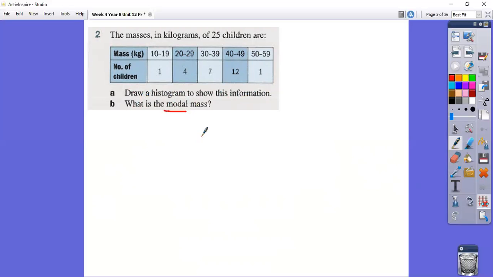Now the modal, remember, is the highest frequency, the most common occurrence we see. So if we look at our data here, we can see the modal class. We don't know what some children could have weighed, 41, 42, 49. We don't know that.